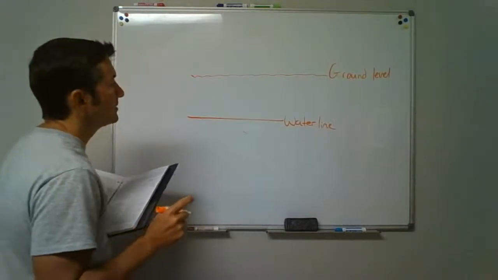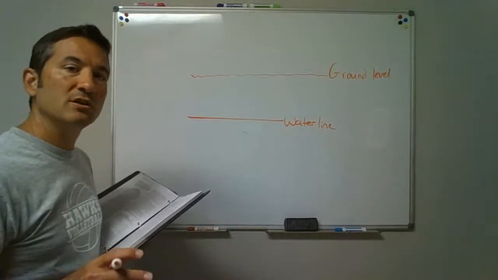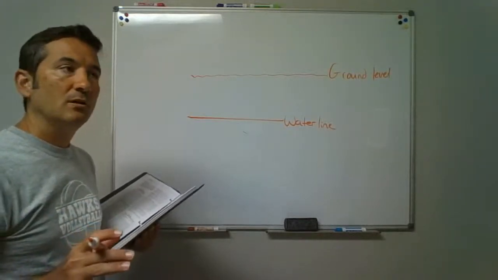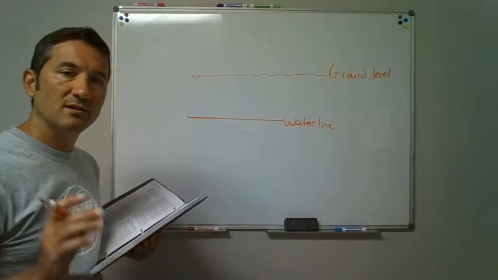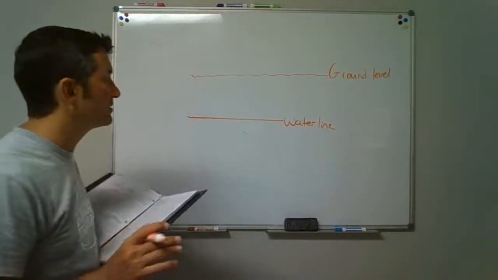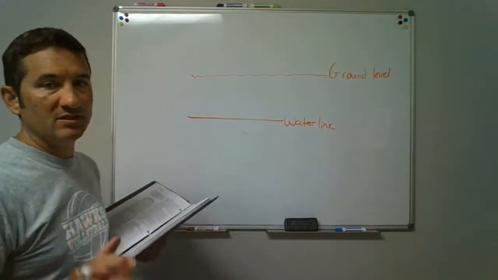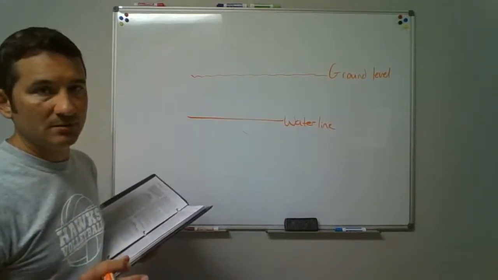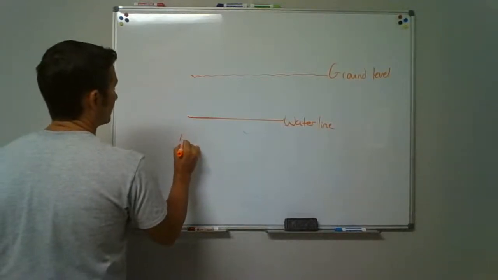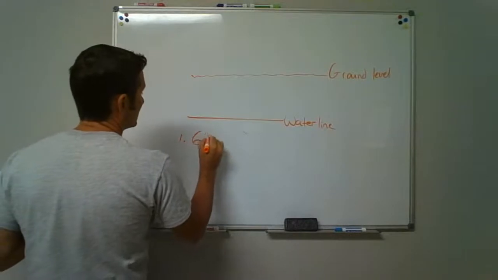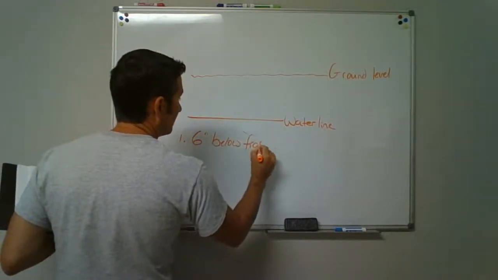So it's not a fixed number. Remember when you take your exam, you need to look for the option that says 6 inches below the frost line, but a minimum of 12 inches. Our frost line in this area is 12 inches. So the rule says part 1 is 6 inches below frost line.